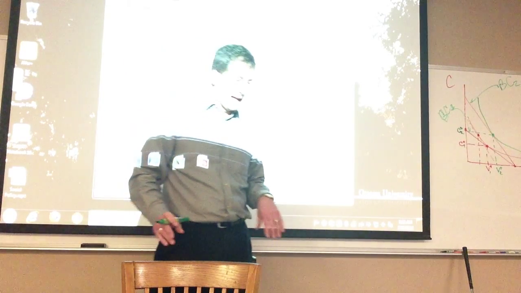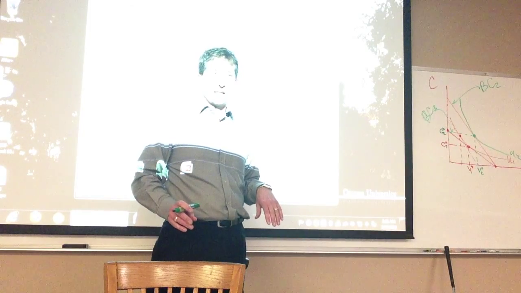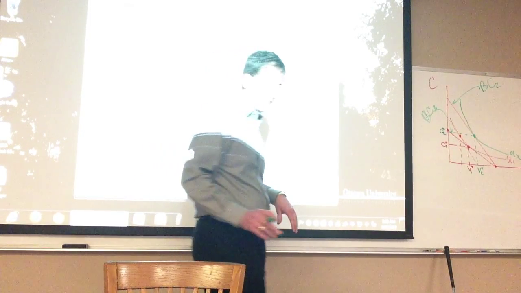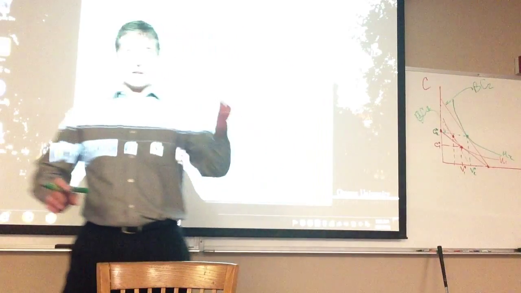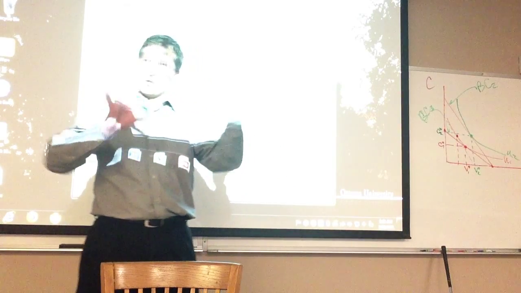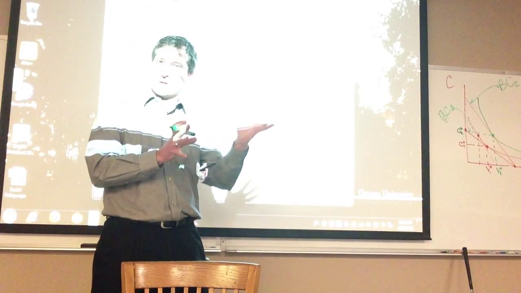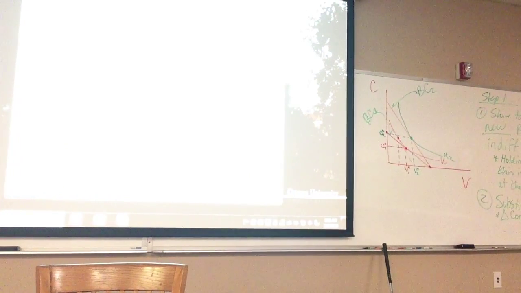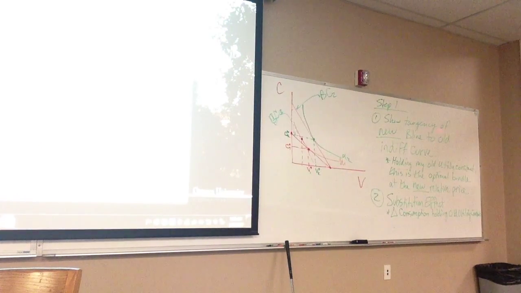Yeah, 14 and 8. So depending on where your tangency point is, and it'll be a little bit more specific if we were giving you a problem, but I wanted you guys to go through the motions at first here. So your substitution effect is the amount you're trading on this old indifference curve. So whatever that number is, that's the substitution effect.